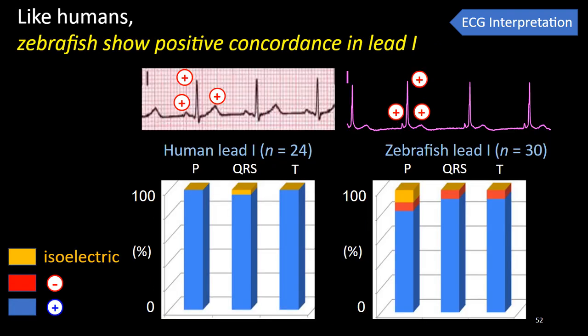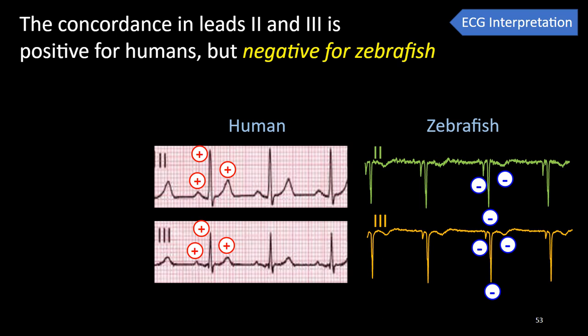Another key similarity between fish and humans is the positive concordance in lead 1. This finding establishes the clinical relevance of this uncommon fish lead because it proves that along the heart short axis, fish atrial and ventricular activation and ventricular repolarization are similar to those three electrical activities in humans.